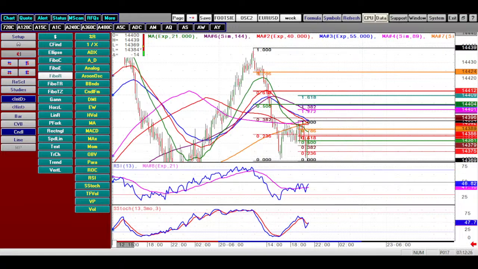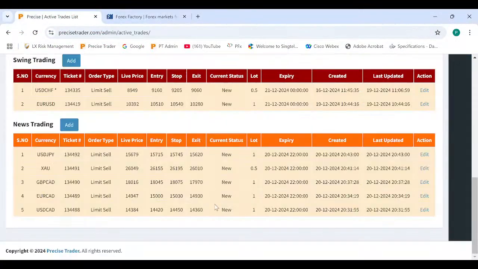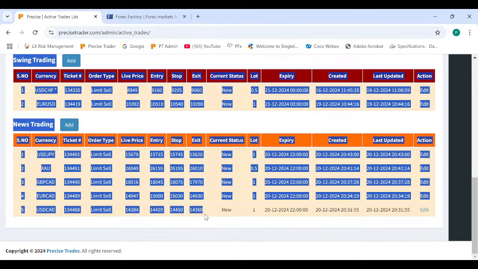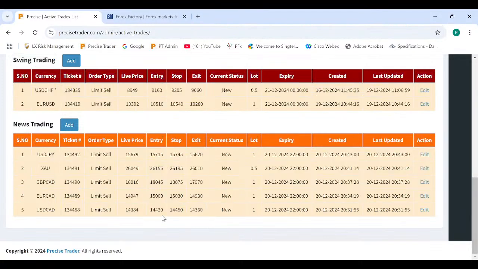I think the order we have given is 144.20, and this is a valid call. We are putting a stop above the current day high, which is 144.40, which is also valid, and we are trying to exit before 143.50. So I think this is a valid call for dollar cat.